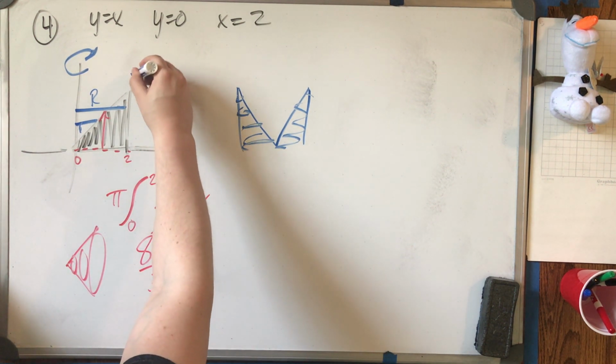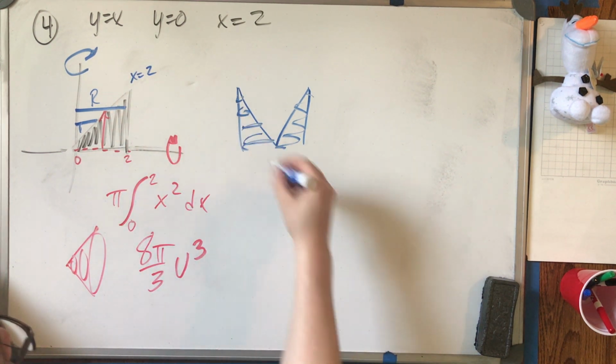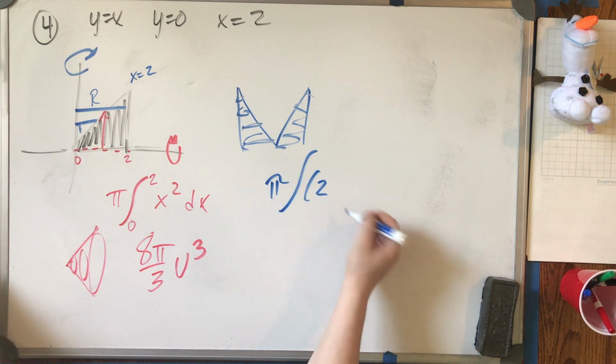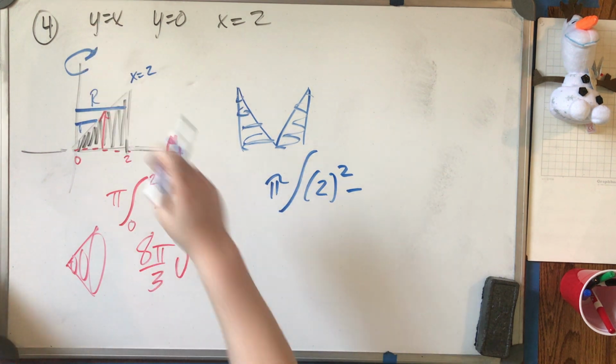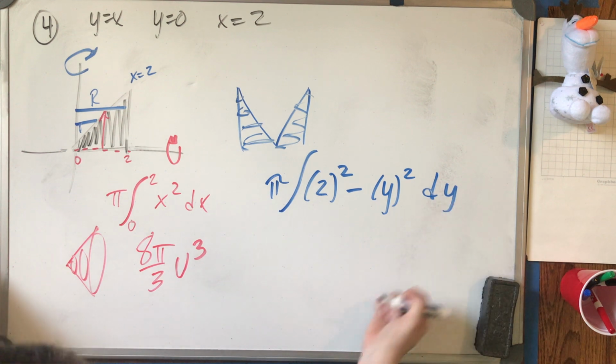So I'm going to have x equals 2 as the big R, so I'll have pi, and then 2 squared minus little r is going to be my y equals x, but I'm using y, so I'm going to have y squared and then dy.